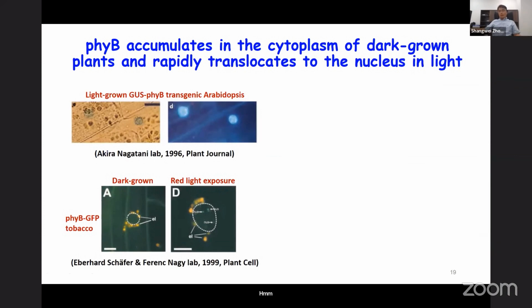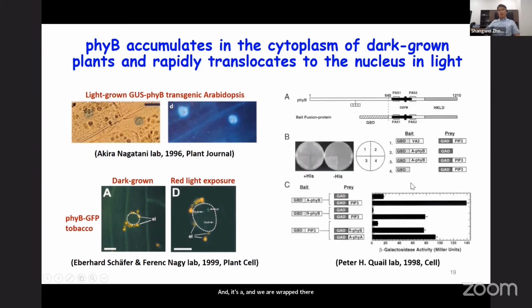From the studies of Phy, now we have known that Phy is accumulated in the cytoplasm of dark-grown seedlings, and rapidly translocates to the nucleus in light.